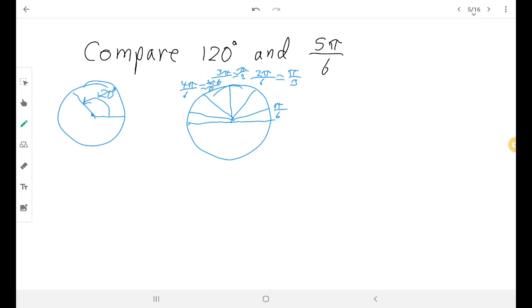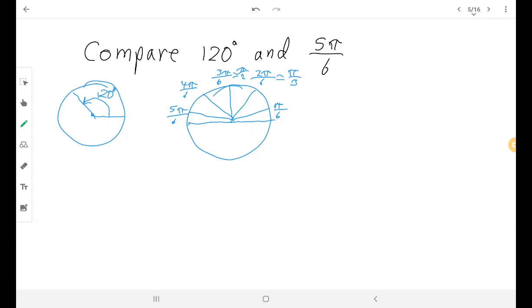I'm getting a little crowded here, but you get the idea. Okay, so there's 4 pi over 6, and look, we've got 5 pi over 6 right there, and then the next one would be 6 pi over 6, or pi, right?